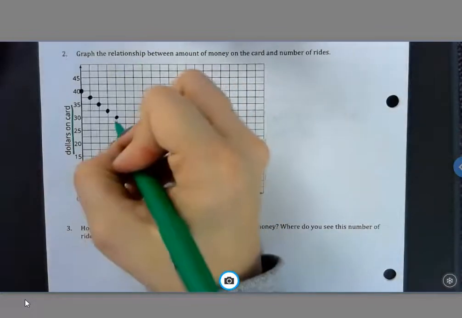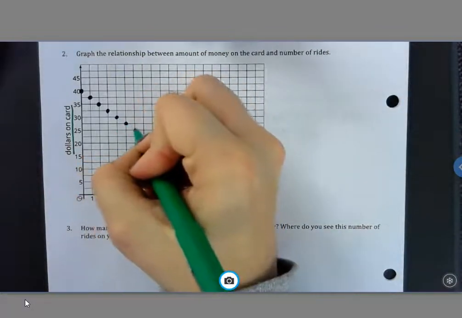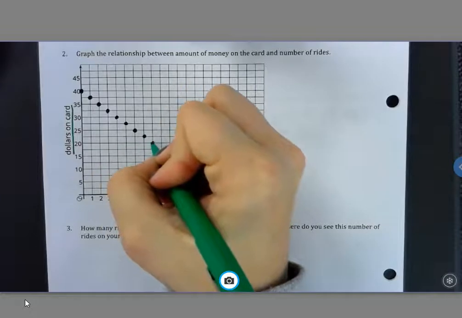Hopefully you're starting to see a pattern. For each ride he takes, it goes down $2.50.